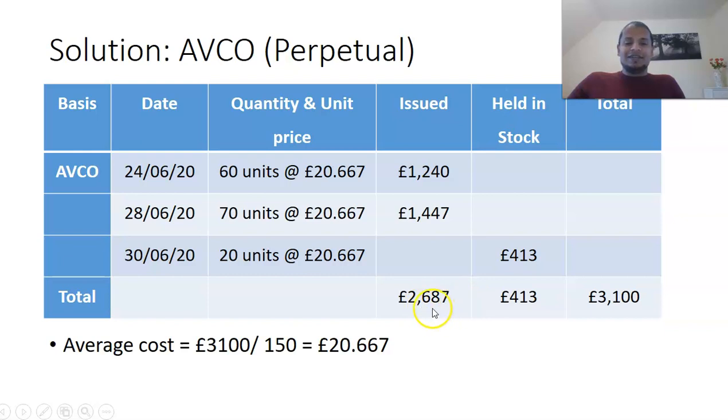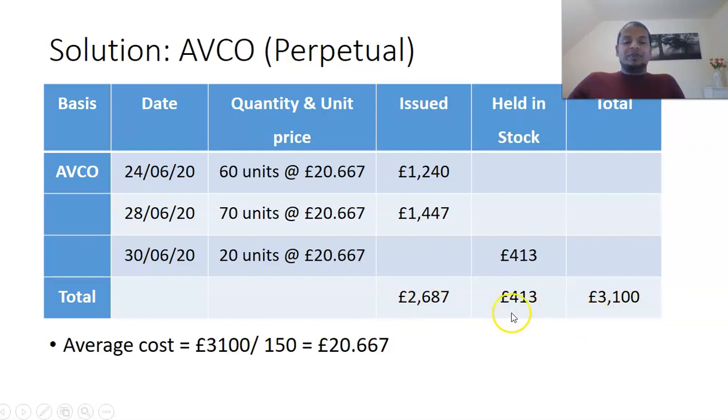So the total cost of material consumed comes to 2,687, and inventory or closing stock is 413. Again, if you add this together, 3,100 is the total cost.